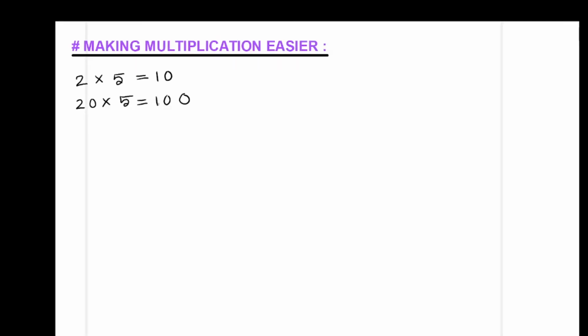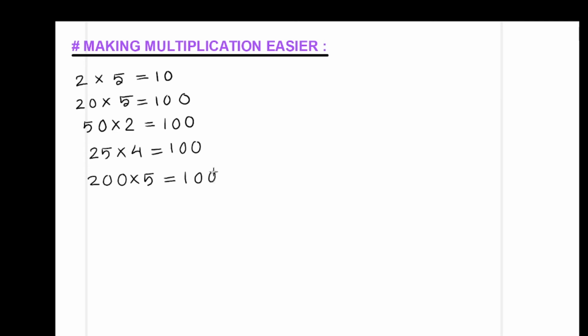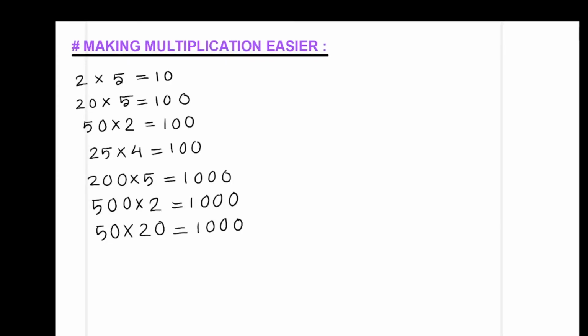Then 50 into 2 will also give us 100. Next, 25 into 4 is 100. 200 into 5 is 1000. 500 into 2 is 1000. 50 into 20 is 1000.